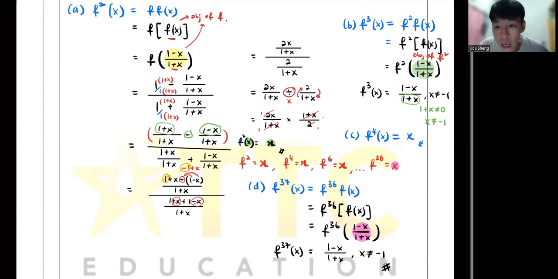Okay, so until here, has anyone not done yet for 32? A, B, C, D. 36. Okay, all done. Okay, let's go to 36.